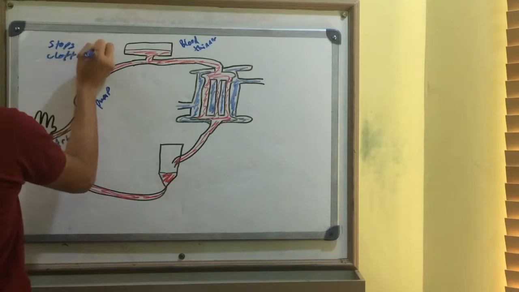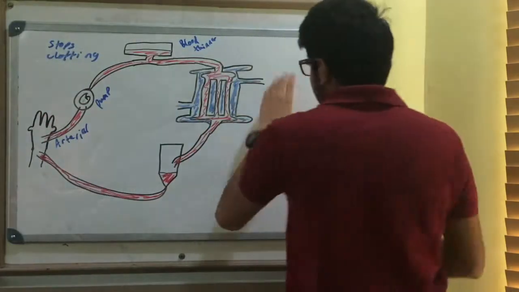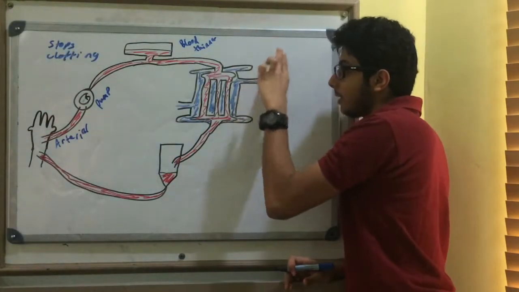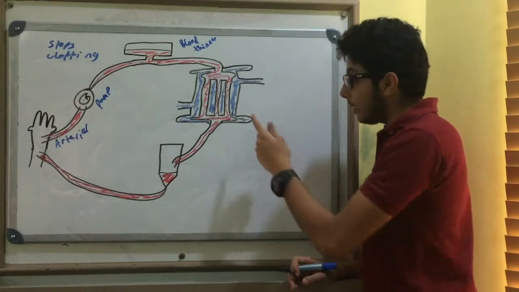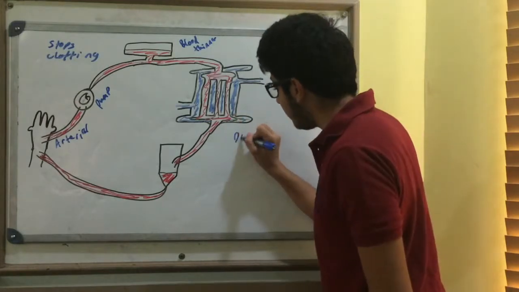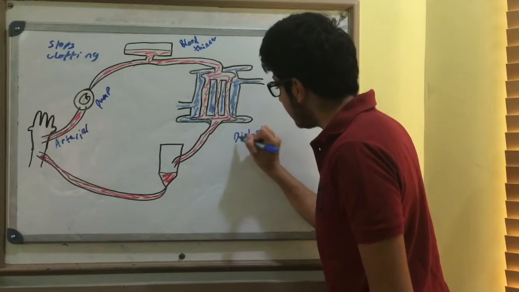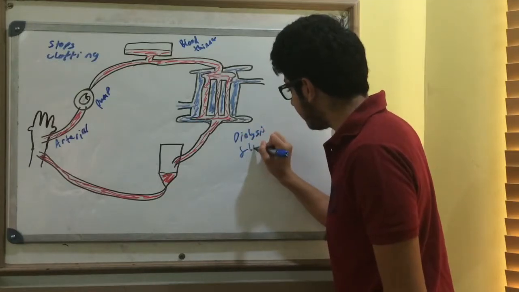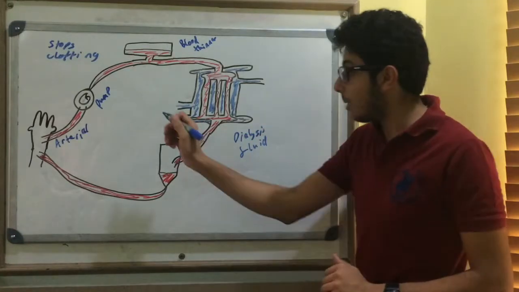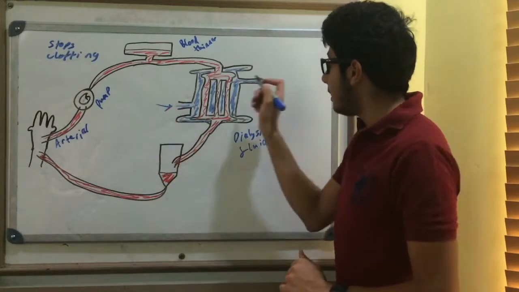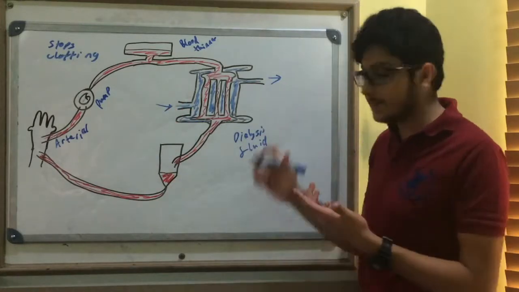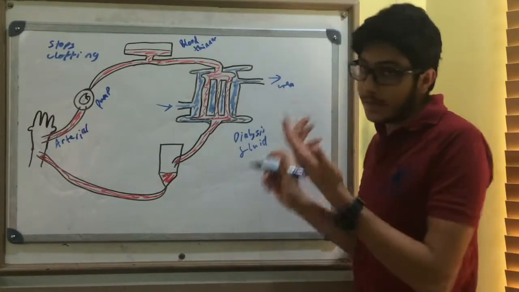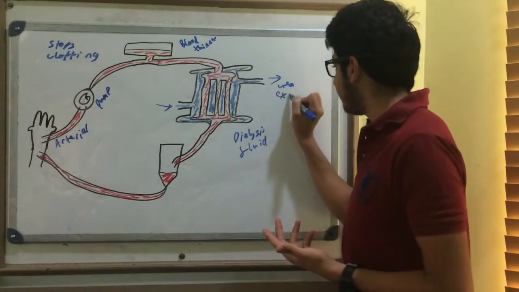And then the blood passes into this main part of the dialysis machine. This blue stuff is what we call the dialysis fluid. And the dialysis fluid comes in here, and it comes out here containing the waste, the urea, and the excess ions in water.